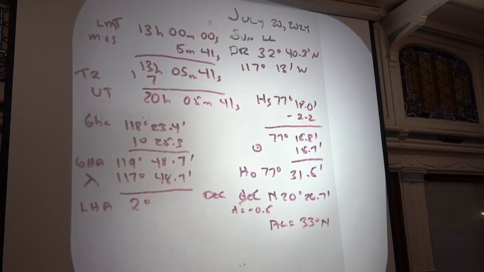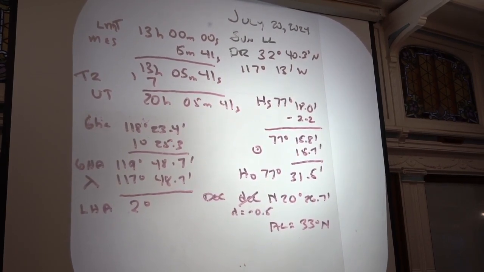To do that, we've got to find the declination of the sun, which is the column across the top, and the LHA. The LHA is just 2 degrees, so if we look over to the left, we'll see LHA of 2.